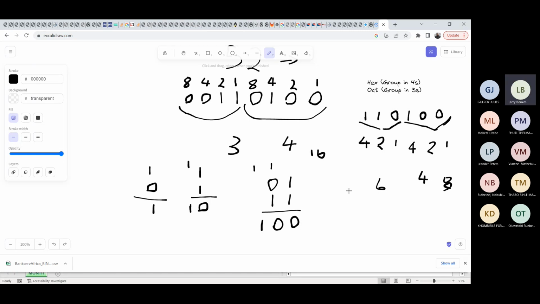But what do you do in this case? 1, 1. I saw most students struggle here. 1 and 1. Remember, here's the law. It's a 0, carry 1. Now, here's the challenging one. 1 and 1, it's a 0, carry 1, and a 1, what is it now?